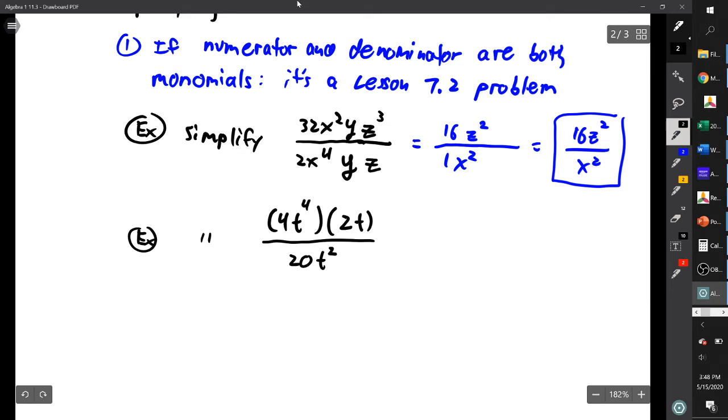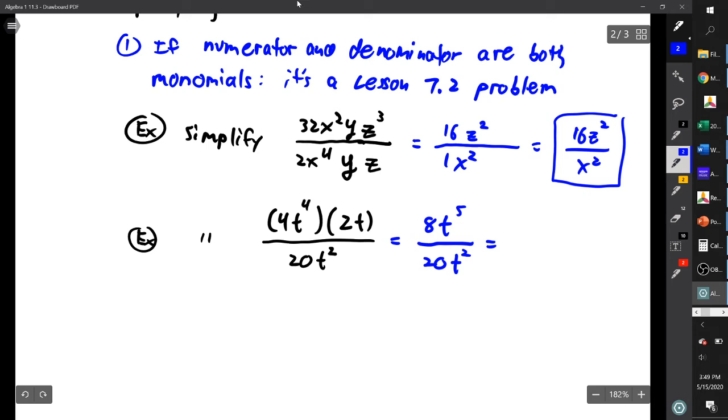So simplify 4t to the fourth times 2t, all of that over 20t squared. You don't have to multiply this top out, but oftentimes I think it's going to be better just to start out by multiplying it all together. So 4t to the fourth times 2t gives us 8t to the fifth over 20t squared.